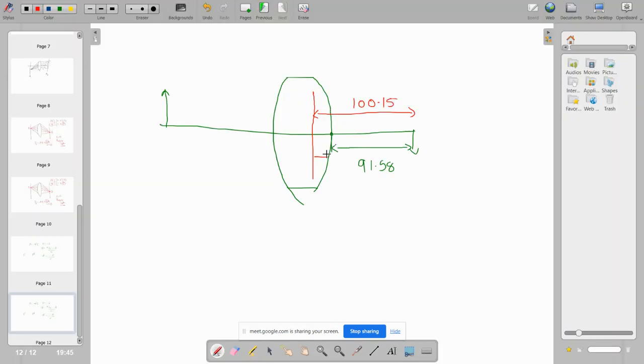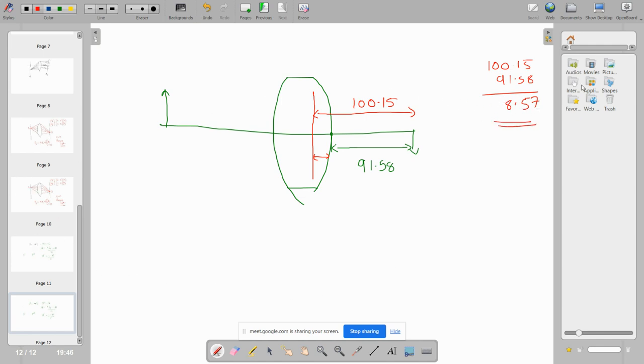So what will this distance be? 100.15 minus 91.58. How much? Correct, na? 8.5. Yes, sir.